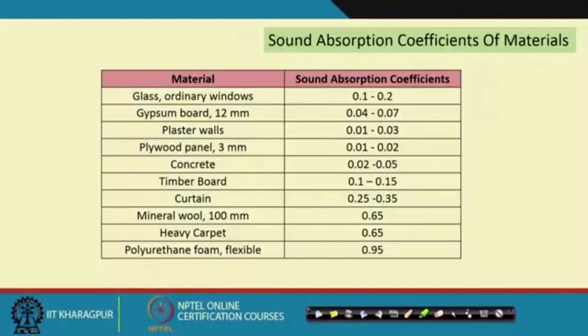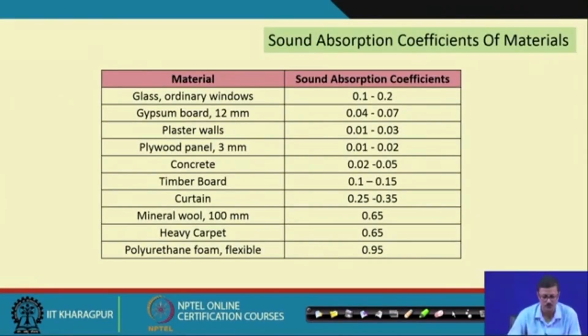So, there is a list of materials which I have taken from one book, which I have given in the references also, and the absorption coefficients of those materials are listed. You see the materials in the first, second, third and fourth rows are very solid, very hard materials, maybe with a polished kind of surface: glass, chipboard, the plastered wall, plywood panel, and you see the absorption coefficient is very low.